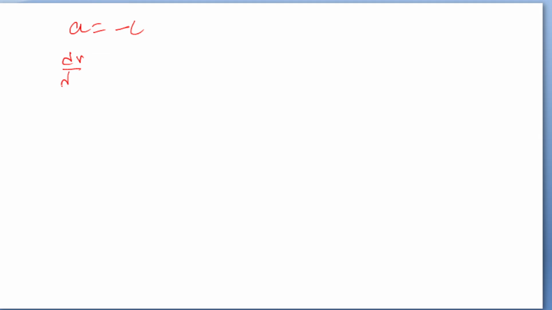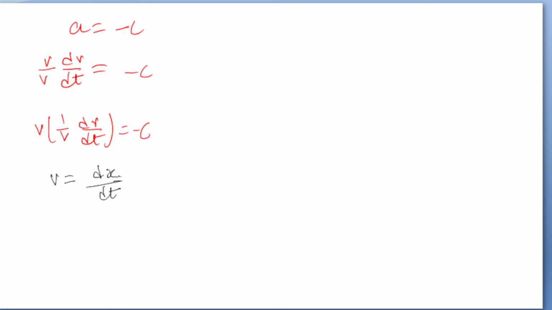So this can be written as dv by dt is equal to minus c, and if we divide by v, this can also be written as 1 by v, dv by dt is equal to minus c, and we know velocity is the derivative of position, that is rate of change of displacement or rate of change of position.